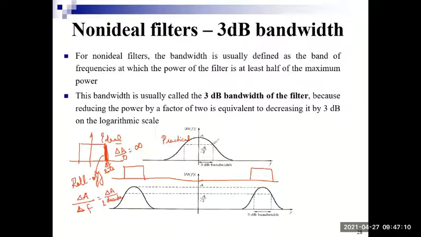be infinite because of the practicality of all the equipment which you use. So this can be in the range of 20 decibels per decade, or it can be 40 decibels per decade, 60 decibels per decade, whatever, depending upon the number of RC sections which you use in the filter, and also depending upon the order of the filter which you are going to design, you can have different roll-off rates.